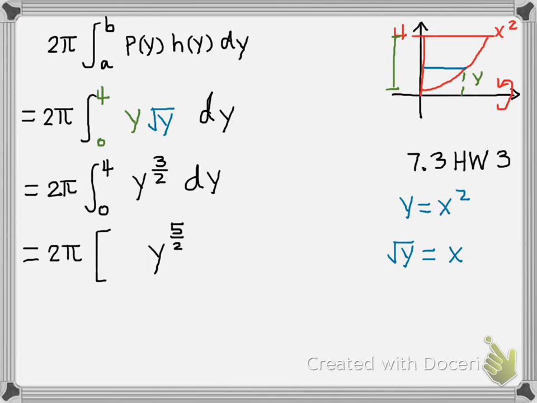It's the same as multiplying by the reciprocal. So it's times 2/5. That is the antiderivative. We need to evaluate it from 0 to 4. Now you will need to use a calculator to get the final answer as 128/5.